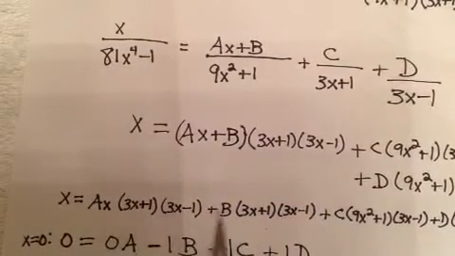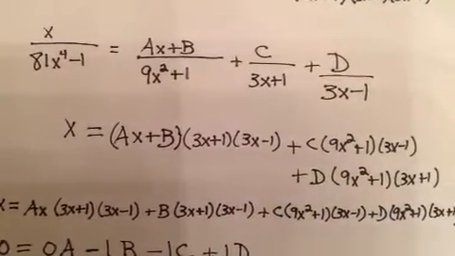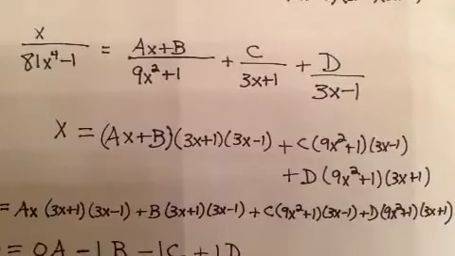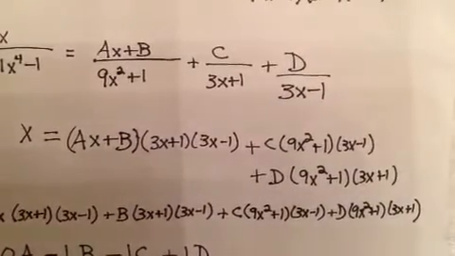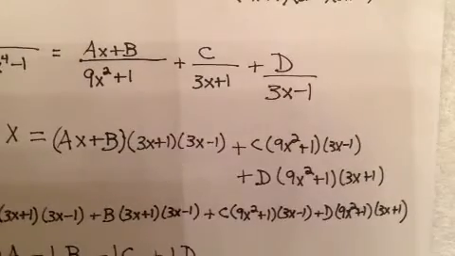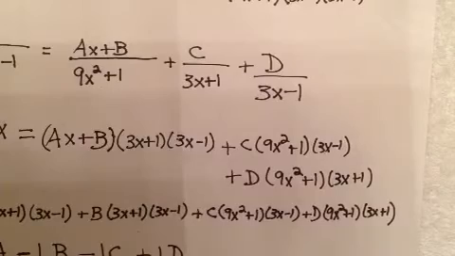Repeating, c is multiplied by both 9x squared plus 1 and 3x minus 1, and d is times the quantity 9x squared plus 1 times the quantity 3x plus 1.